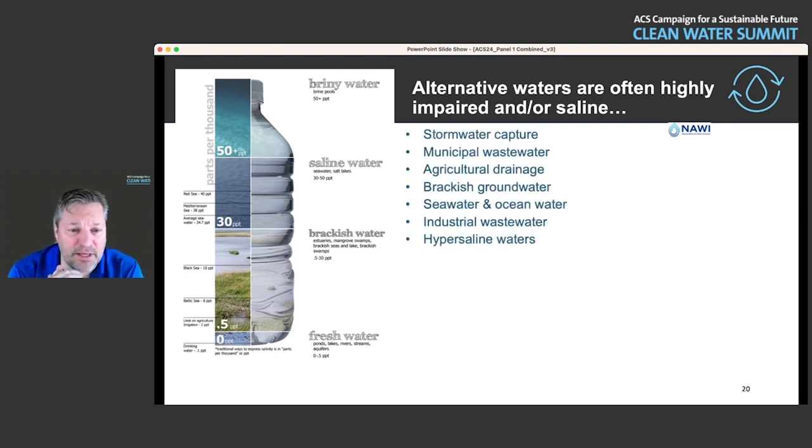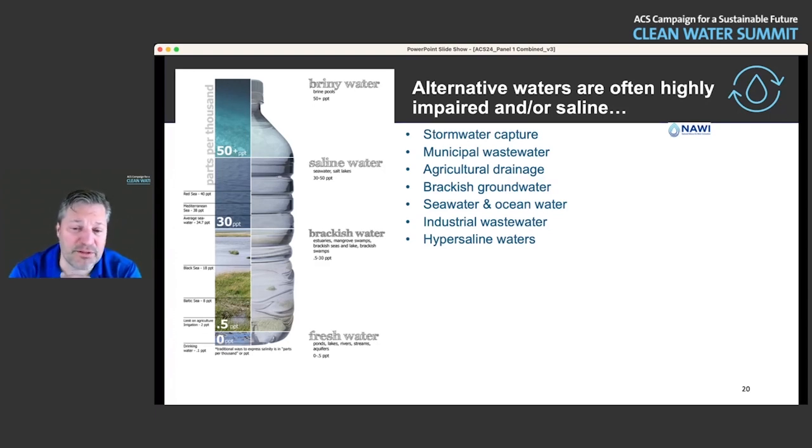Advance, please. If we look into what are our alternative sources of water that we can tap into other than conventional fresh surface and groundwater, you're talking about things that range from stormwater, which is reasonably fresh, municipal wastewater, which is a little bit salty, agricultural drainage waters, and brackish groundwaters, which range from just above drinking water level to close to seawater.